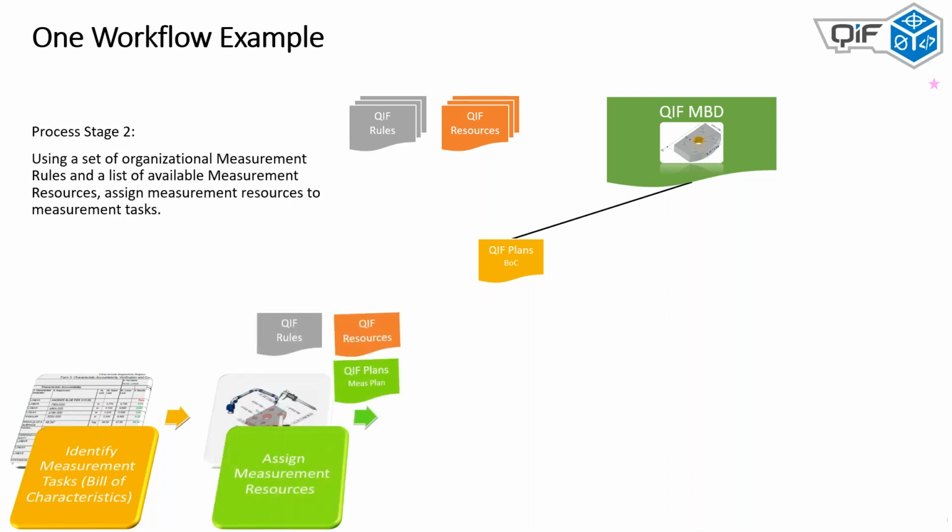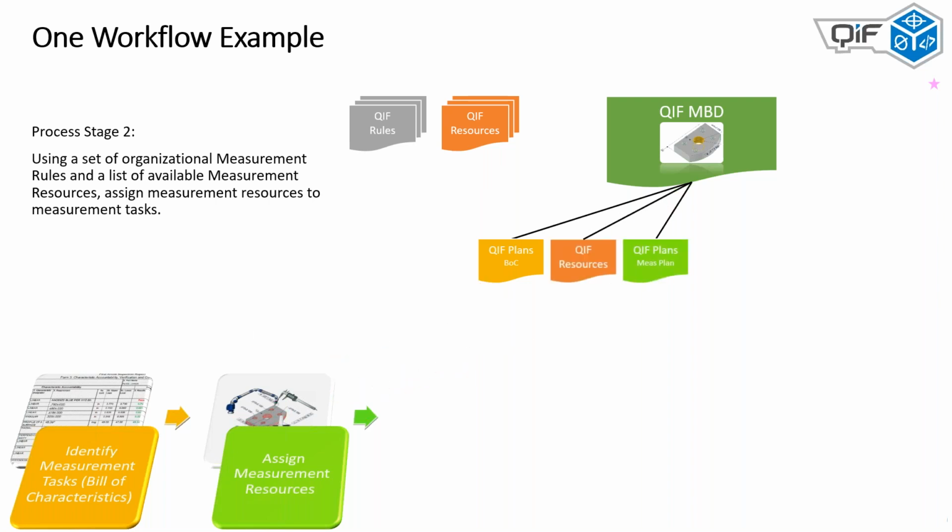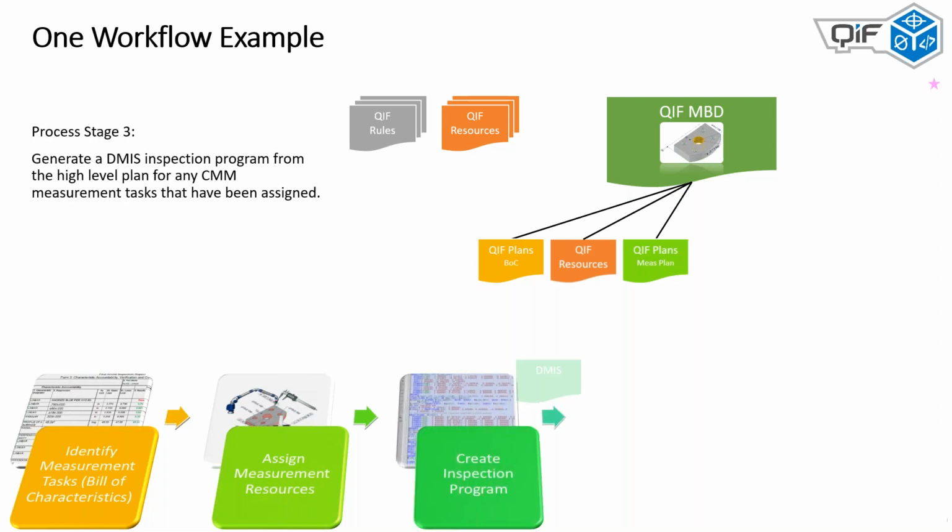And then you might have rules defined and QIF resources, and now you create your QIF plans with a measurement plan or inspection plan. Then you could generate DMS inspection programs and pass that on, and those top-level measurement tasks will have their own QPIDs, and you can have that information persist.